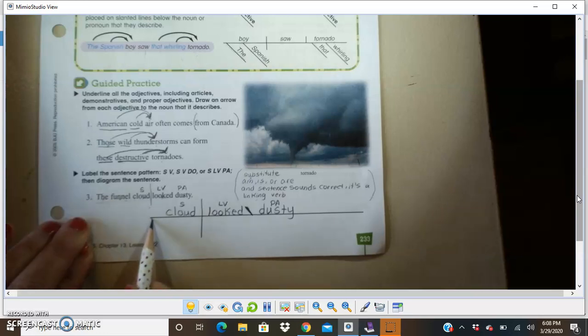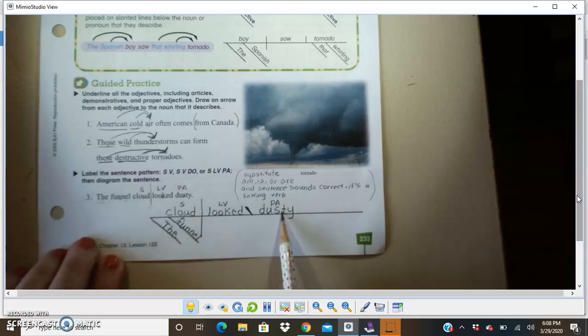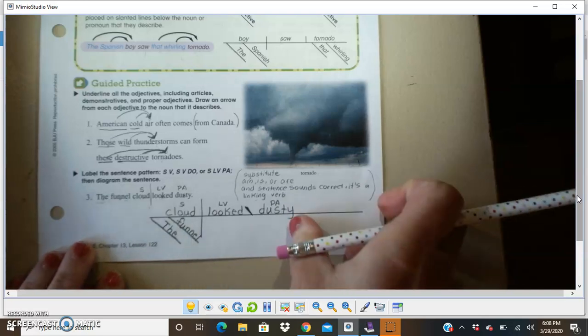We put it right here at a slant, and we make sure we capitalize it because it's capitalized in the sentence. The, and then funnel. Funnel is describing the cloud also, so we're going to put it underneath here, funnel. So, the funnel cloud looked dusty.